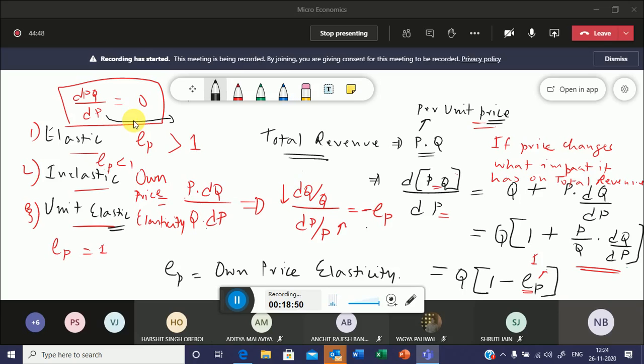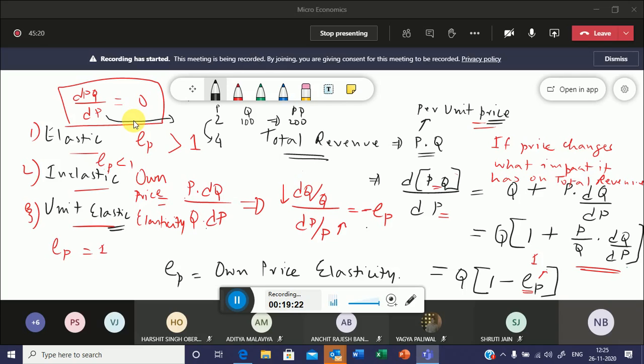Let me try to explain this with an example. Let's say initially my price is 2 and my quantity is 100. So my total revenue is P times Q, which is 200, right? Now suppose price has increased to 4. That means how much percentage has the price increased?